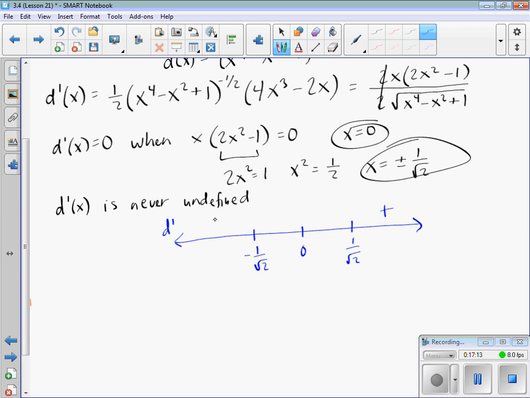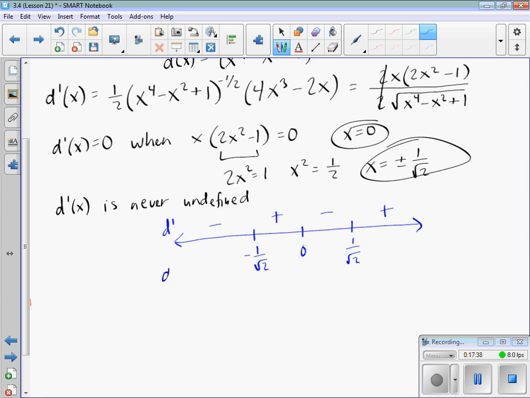If I plug in something really huge negative, wouldn't it be negative? Right? And then in here, 1 over square root of 2, if I plug in something that's really close to 0 but positive, this would be positive, and this here would be negative. So this would be a negative. And then this is going to be the opposite.